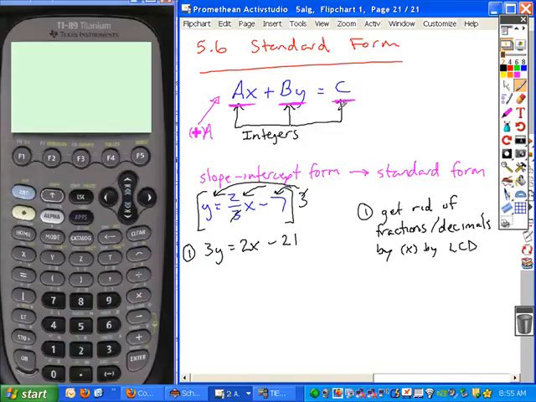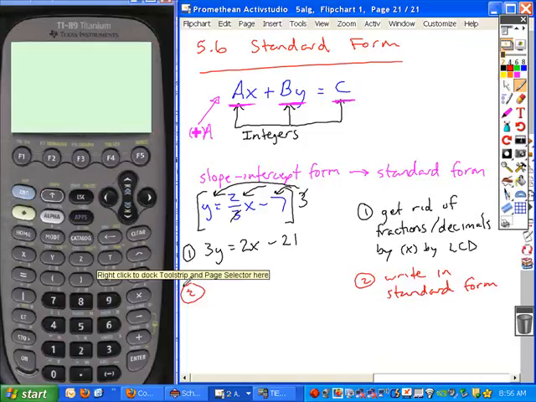Then you need to move this so that all the x's and y's are together on one side with the x's being positive. So there's your second step: you're just going to write it in standard form. You could do one of two things. You could move the x's over, so if we subtracted 2x from both sides, we would get negative 2x plus 3y is equal to negative 21.